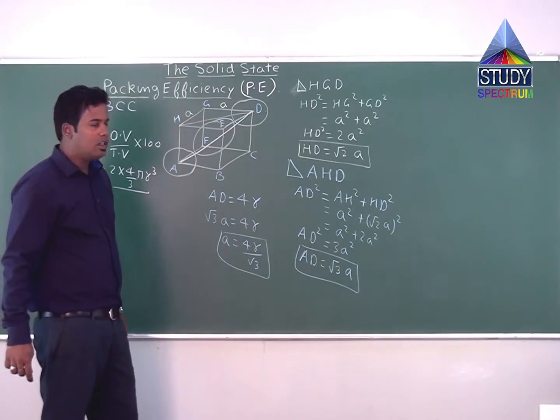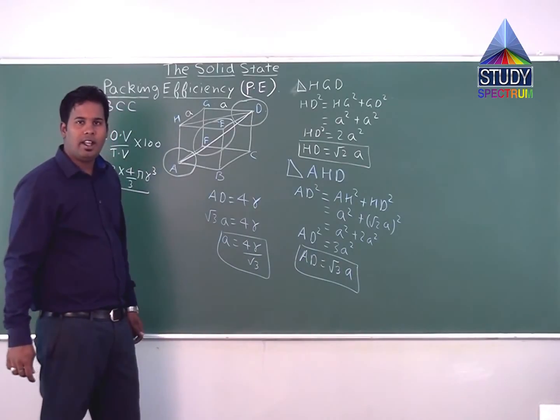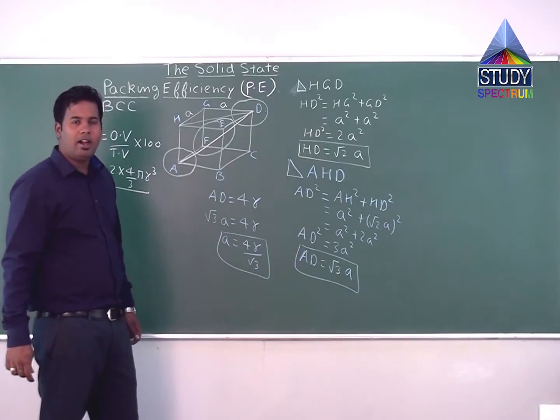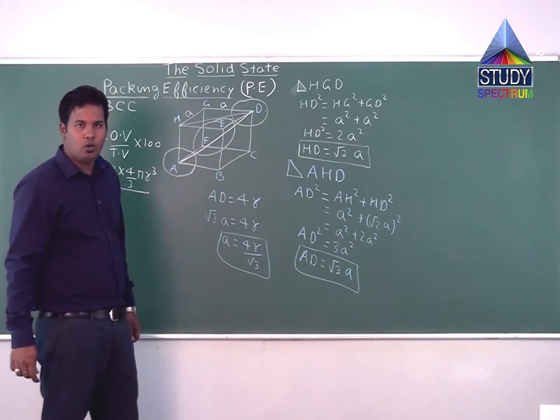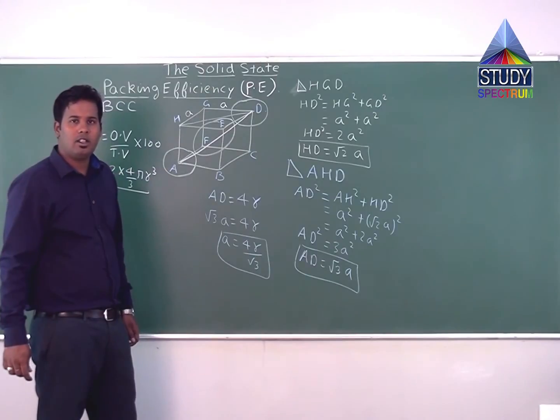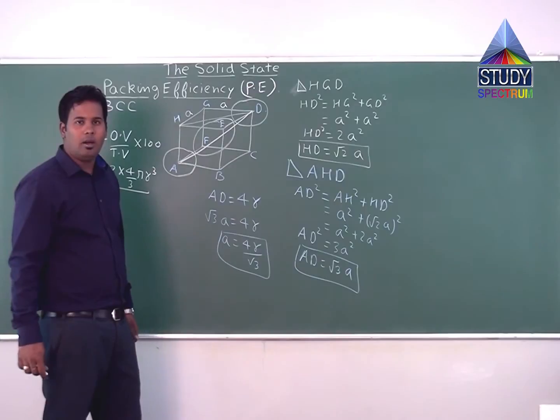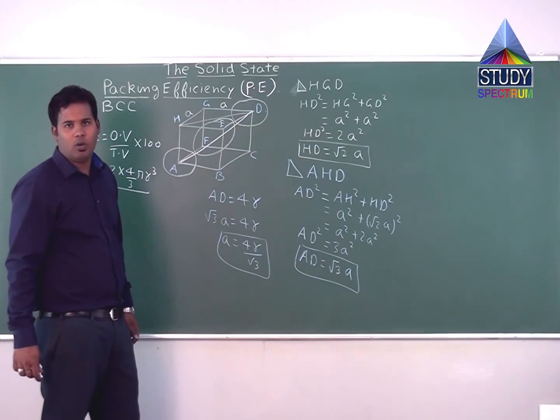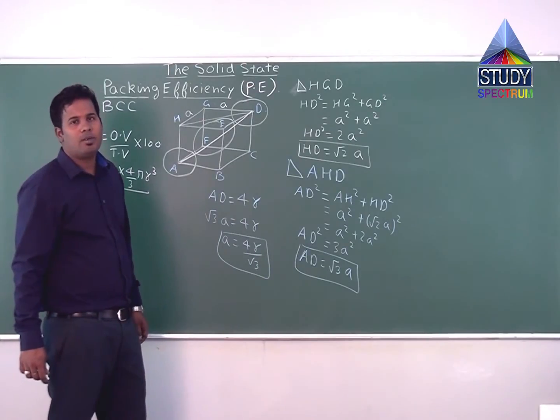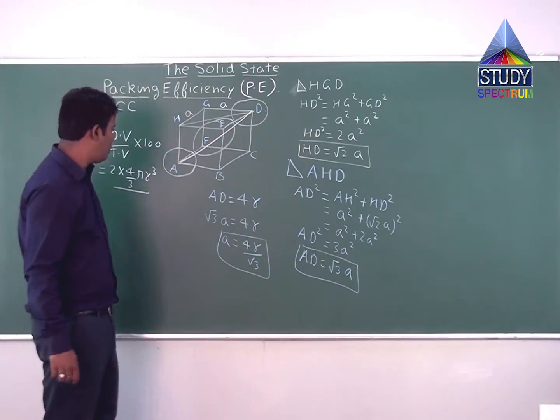Since I have used small a to represent the edge length, and this unit cell is in the form of a cube where length, breadth and height are all equal to a, the volume of this cube becomes a into a into a, that is a cube.